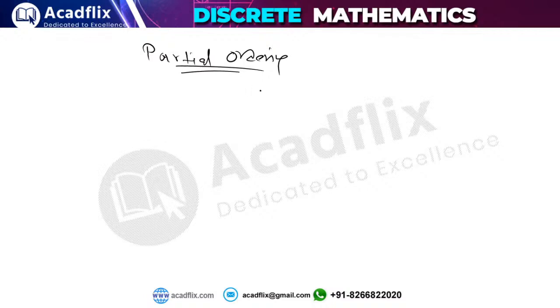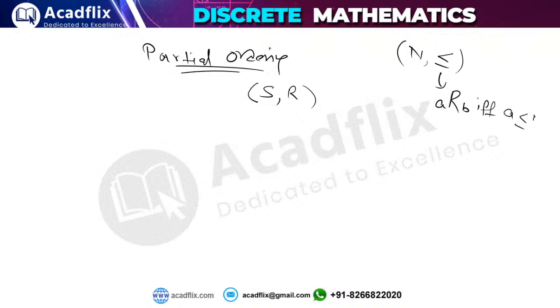You have a base set, let's assume your base set is S. On this base set you are defining a relation R. For example, we have the set of natural numbers. On it we can define the relation less than equal to. This relation means A is related to B if and only if A is less than equal to B. So on this base set we have defined this relation.